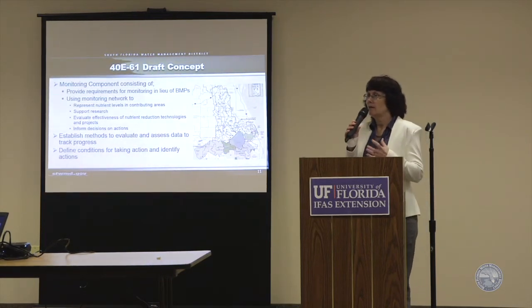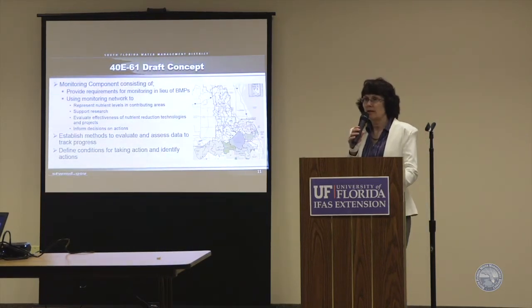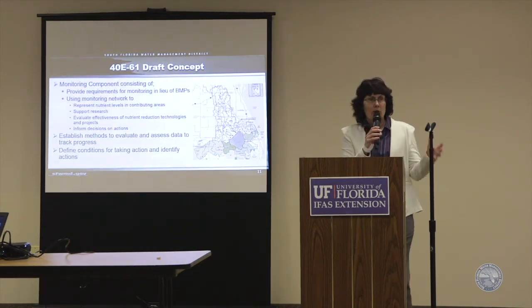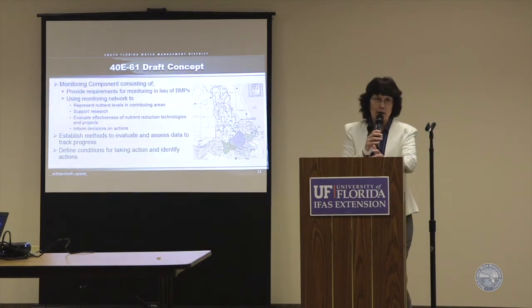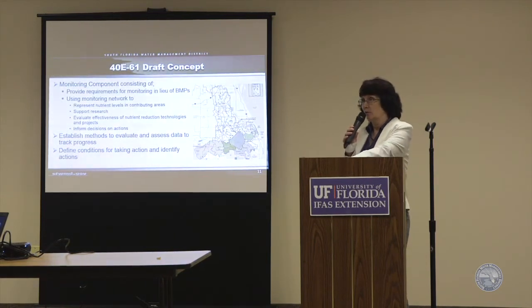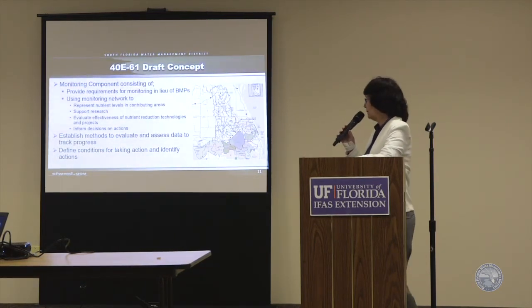After we collect the data, we would need to do some sort of assessment to see if we are making progress. And then the rules could also encompass defining when an action would need to be taken. We would have some kind of trigger and say, okay, looks like we need to do something here.